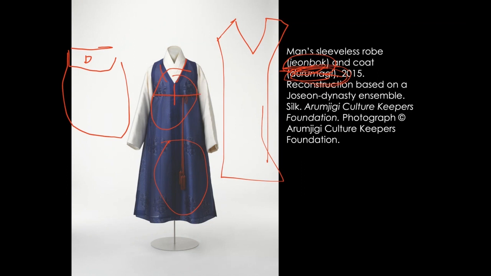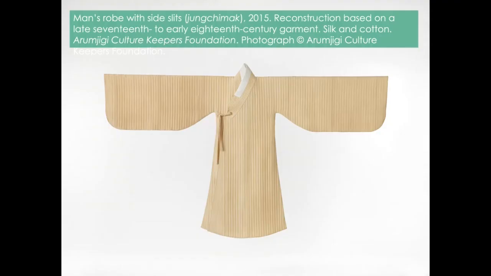And then the waistband. It's not actually at the waist. It's closer to your chest, below your armpit. Young men wore this 전복 quite often. And then sometimes you have another overcoat called 중치막. 중치막 has a front layer and a back layer, with the sides open.